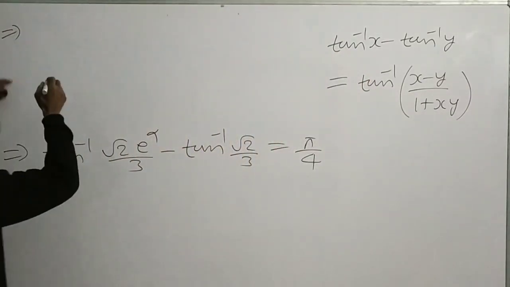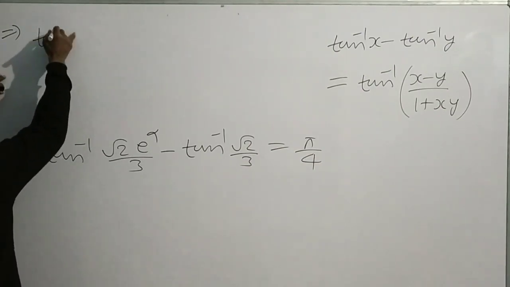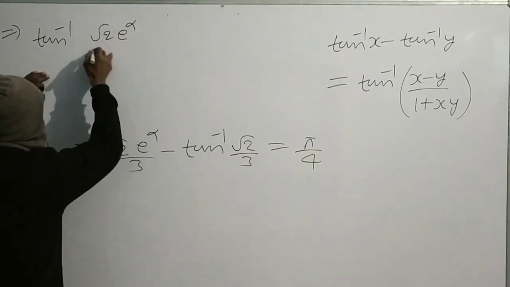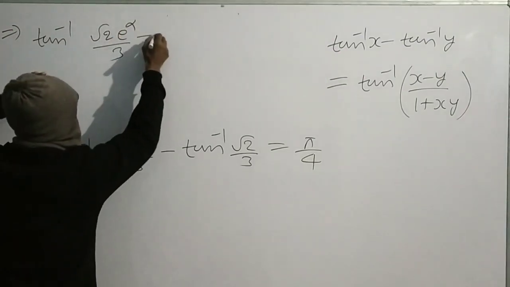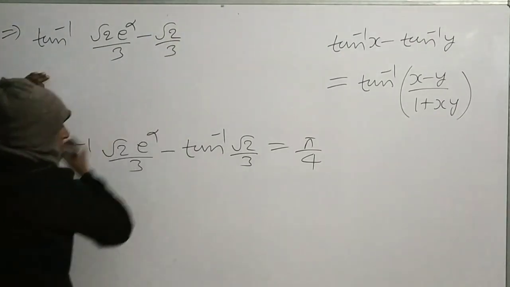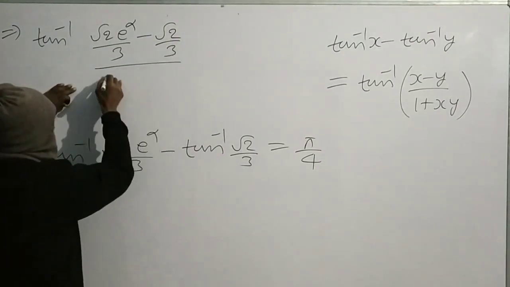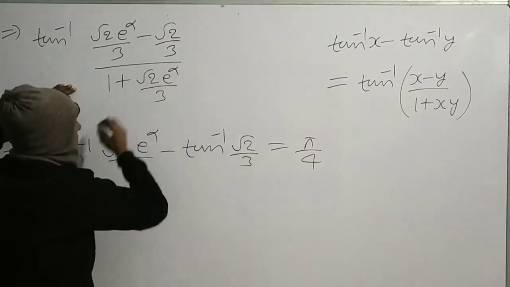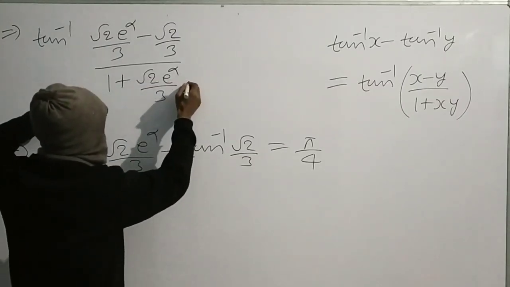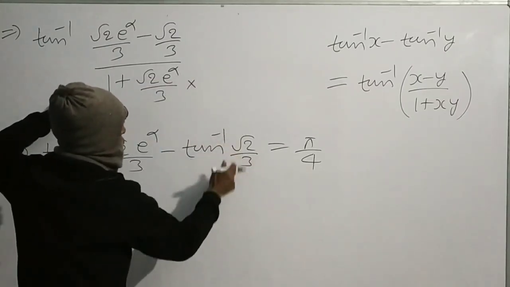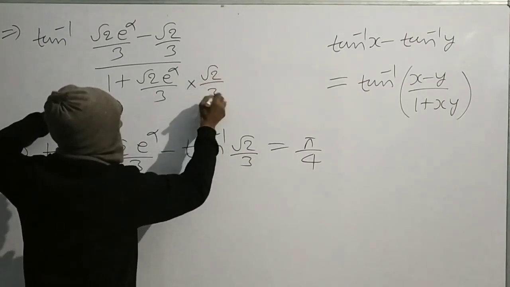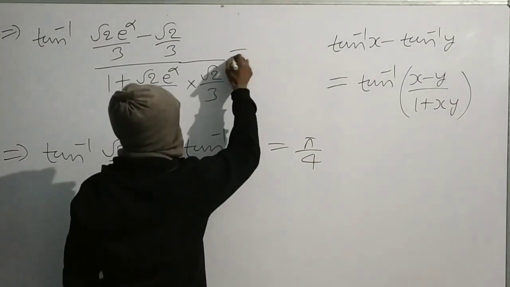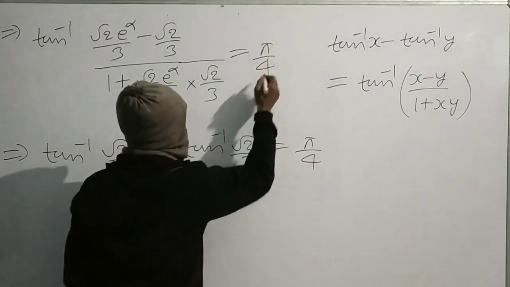We get tan inverse root 2 e to the power alpha by 3 minus root 2 by 3 by 1 plus root 2 e to the power alpha by 3 times root 2 by 3 is equal to pi by 4.